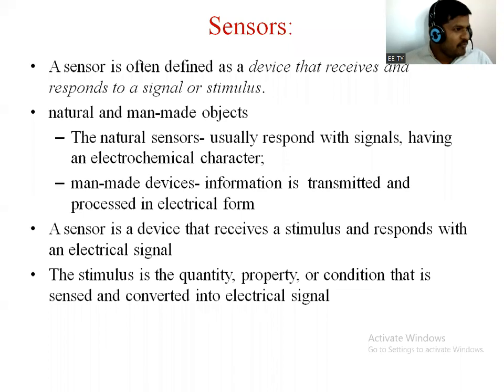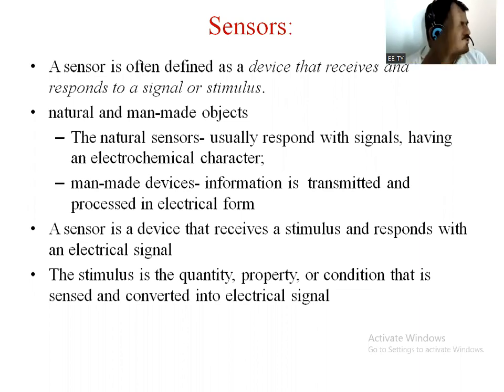Now, stimulus is defined as one type of quantity. Again, it is the property. Property means, suppose any material is there, like iron, and we want to heat that iron material above 100 degrees Celsius. Suppose beyond that it will melt.